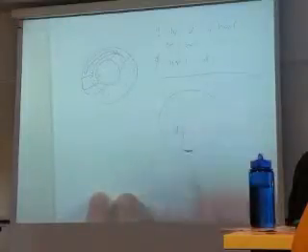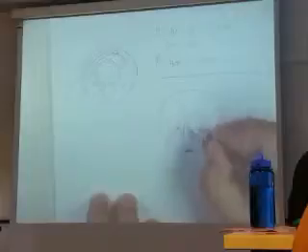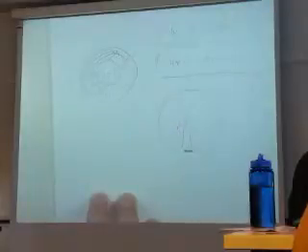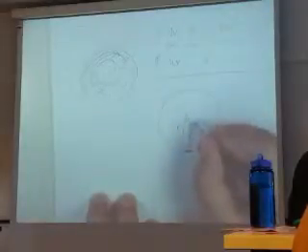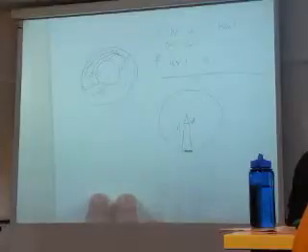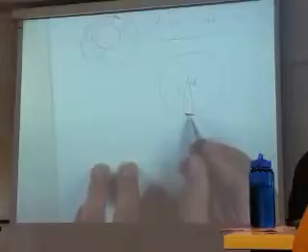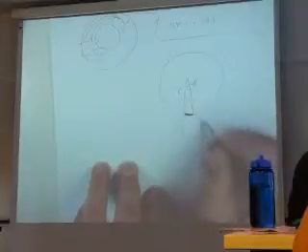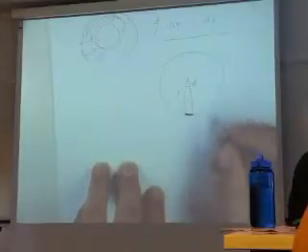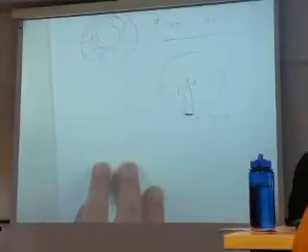But if this one is R, and if I know this angle is phi, I need this arc length. So how do we find this one? This is actually the arc length. The arc length will equal R times phi.